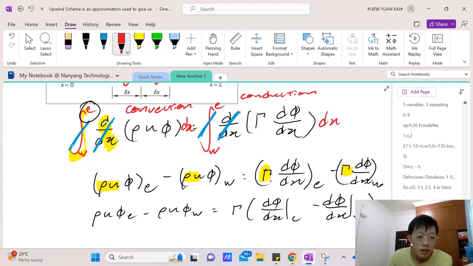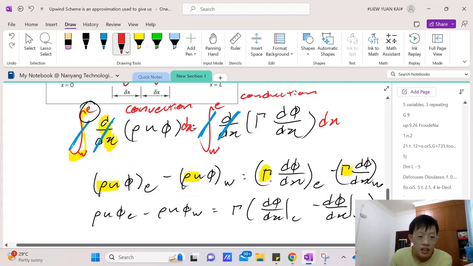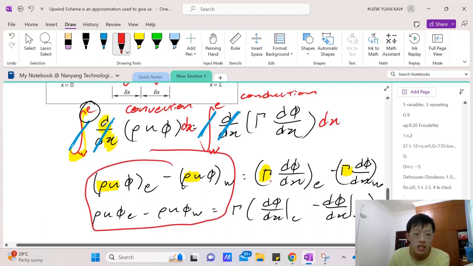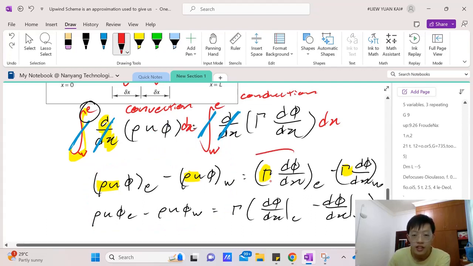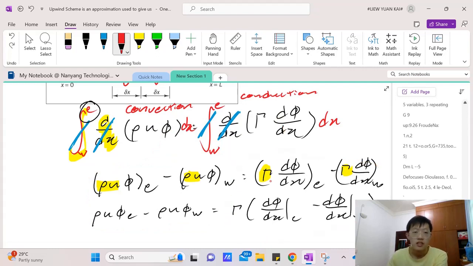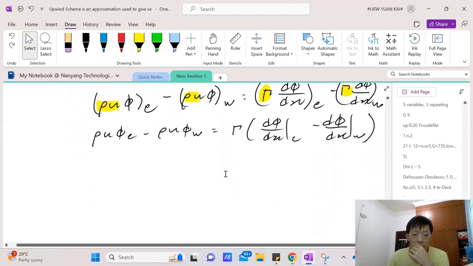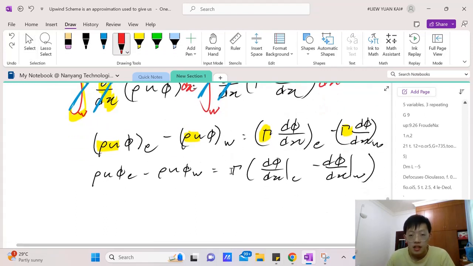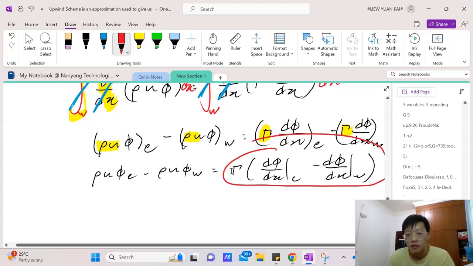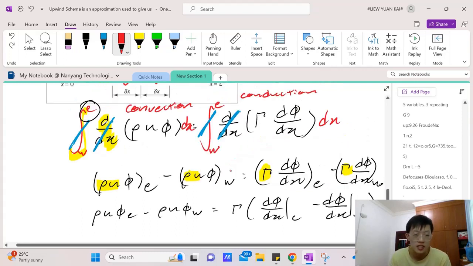Remember, where did we obtain this from? We obtained this from the convection term, and of course this also follows from the convection term. So this side comes from the convection term, and this side comes from the conduction term. The conduction term is pretty much what we learned in the last few videos already, so that part is familiar to you by this point.